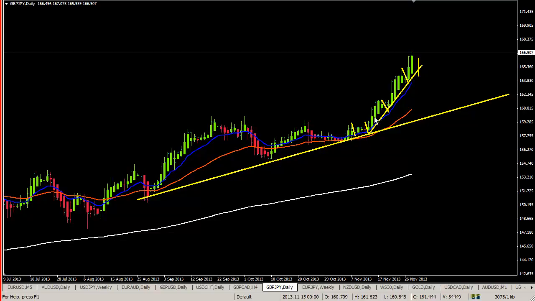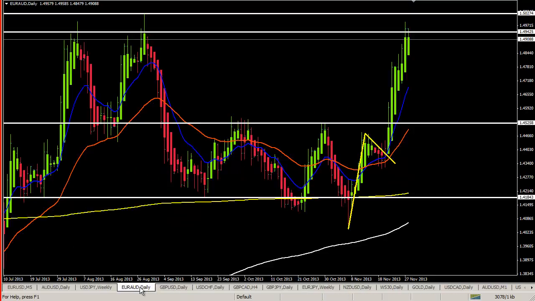Okay. Great, well done. Now we have also the Euro Australian dollar. As we said yesterday, it reached 1.50 as the highest point. Yeah, so down here the price is at 49.078.